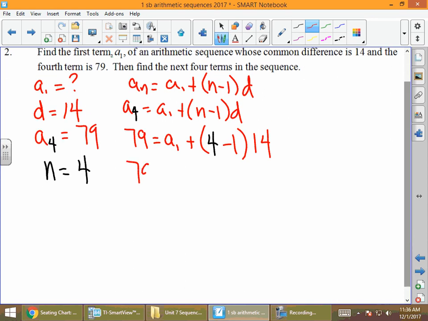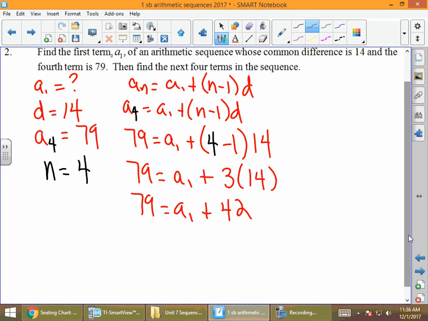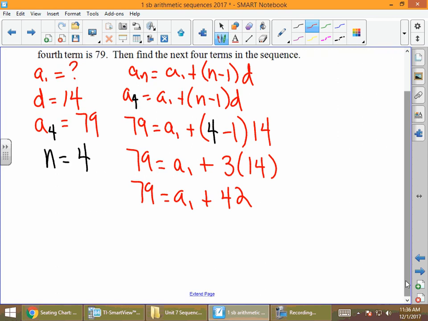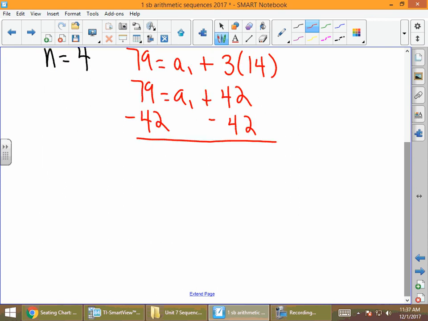So we have 79 equals a sub 1 plus 3 times 14. 4 minus 1 is 3. 79 equals a sub 1 plus 42. And then we can subtract 42 from both sides to figure out what a sub 1 is. And 79 minus 42 is 37. That is a sub 1.